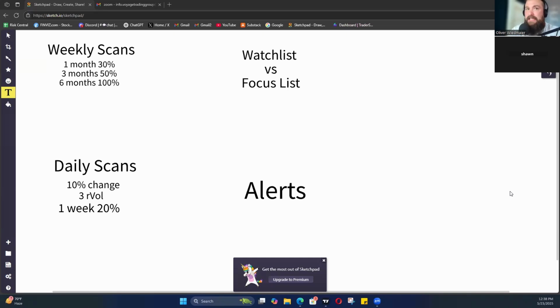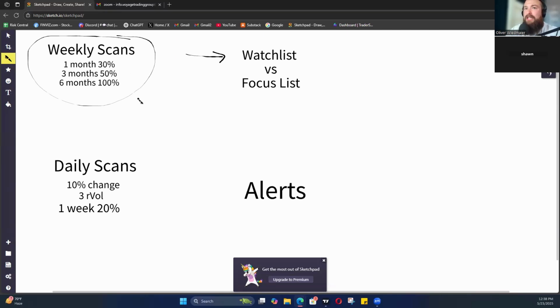Let me know if you can see the sketch pad. Yes, see it. Okay, so I'm running this scan every weekend and I put this into a watch list. I'm not going to really add names or take away names from this watch list.